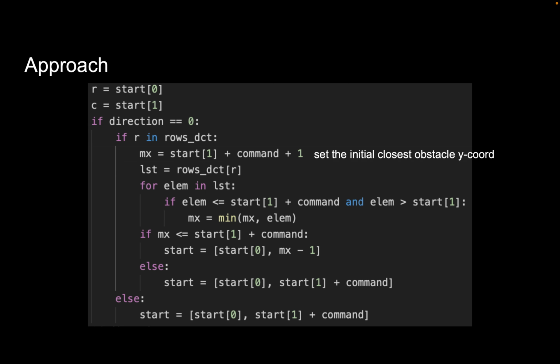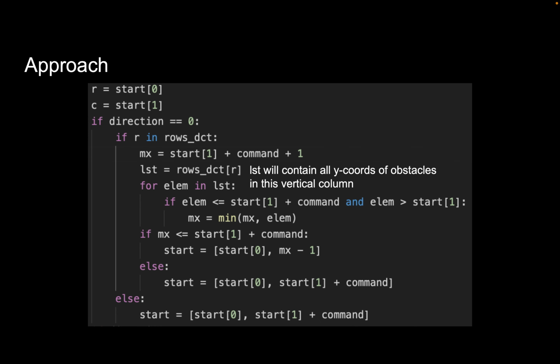We set the initial closest obstacle y coordinate, mx, to be start[1], the y coordinate of the current start point, plus the command, which is k, plus 1. Then we get a list, which is the value in the dictionary for that column. So our lst will contain all the y coordinates of obstacles in this vertical column.